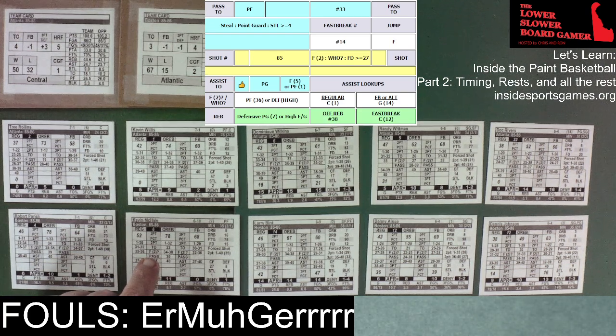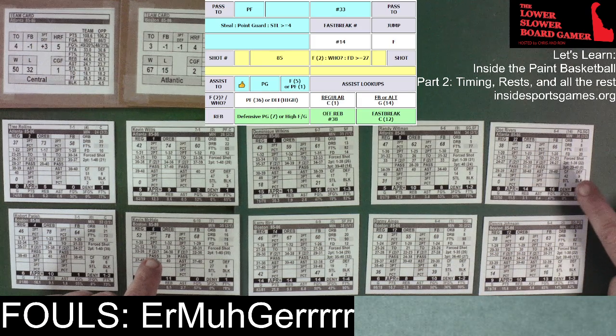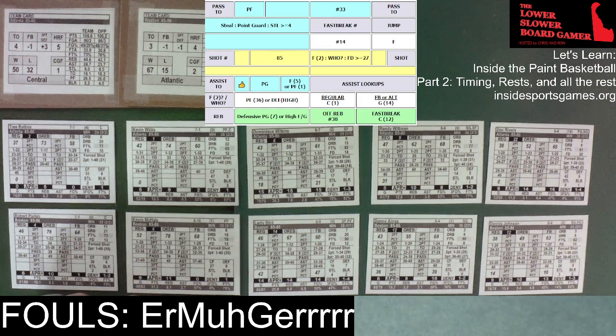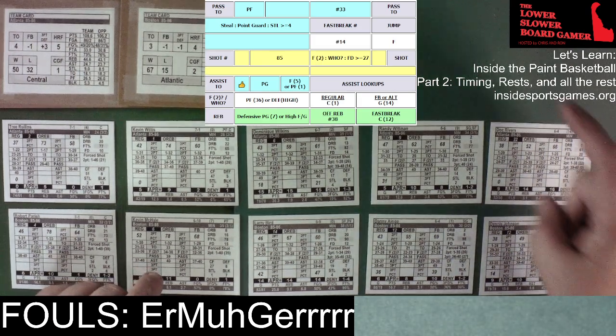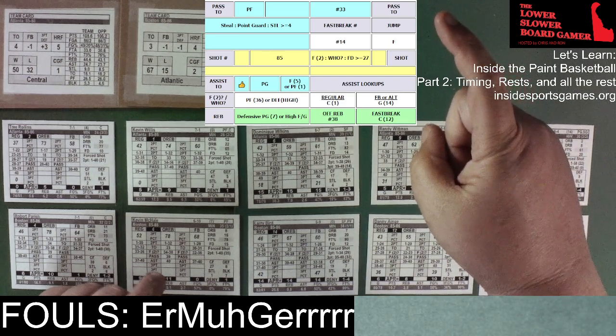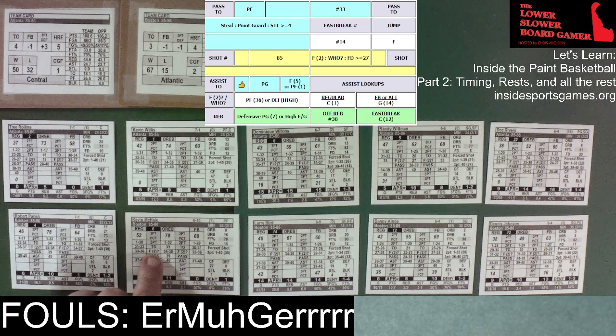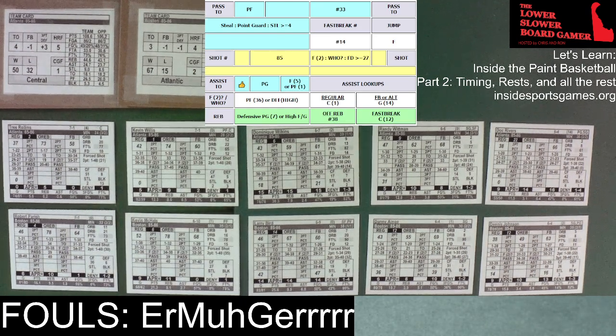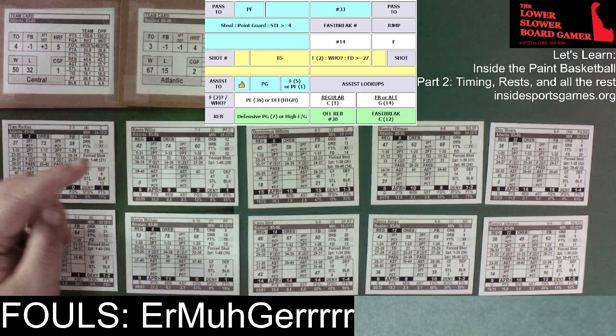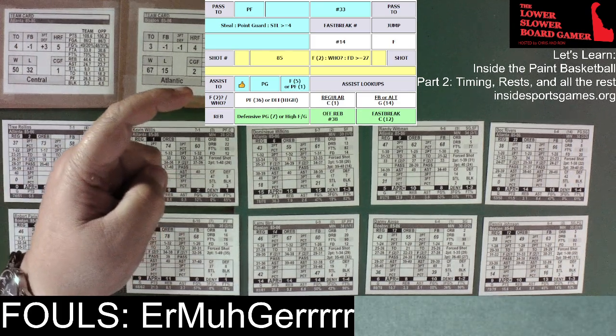As long as the point guard doesn't have a steal of 4 or greater, he has a steal of 6, but we're going to ignore that. We're going to look at the 33 for Kevin McHale. And that is going to be right there on the card, F2 and who. So we get to go right to it. We don't even have to look at the fast action card. We can just flip it and go right to this result.